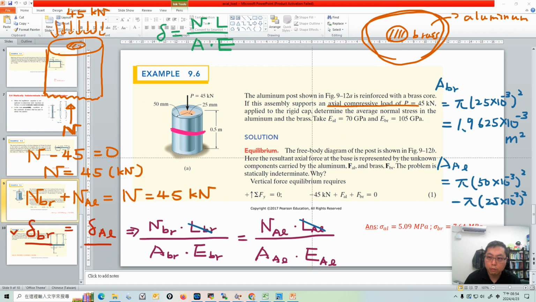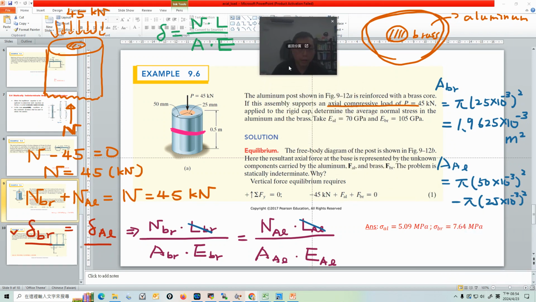I hope you can understand the calculation of the area. So what is this value? Pi times 50 times 10 to the power minus 3 squared minus 25 times 25 over 1000 1000.